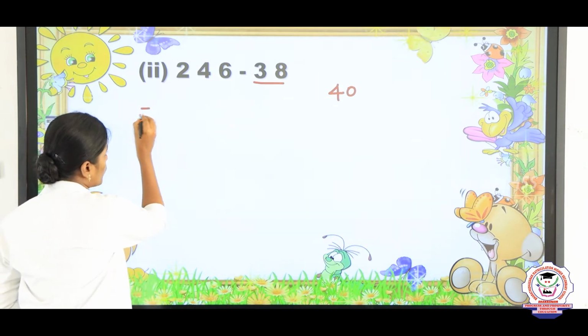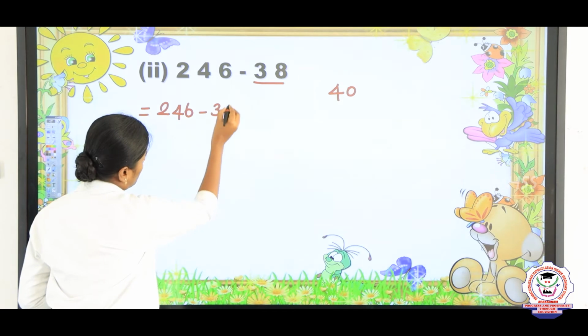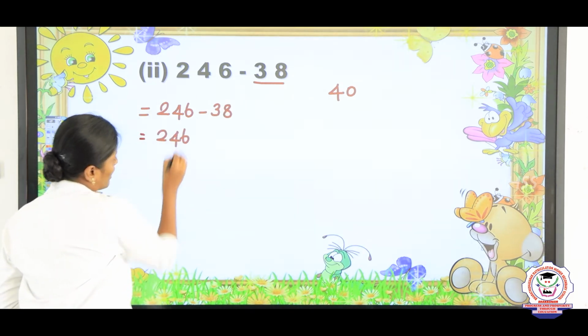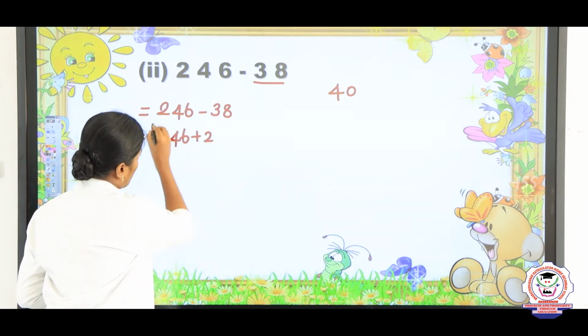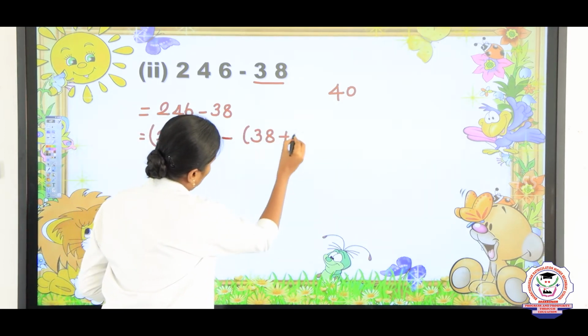Take 246 minus 38. Now you take 246 and add 2, and then minus 38 plus 2.